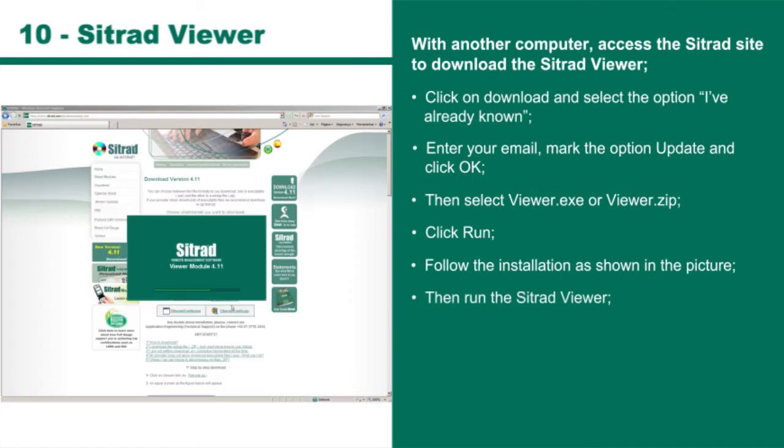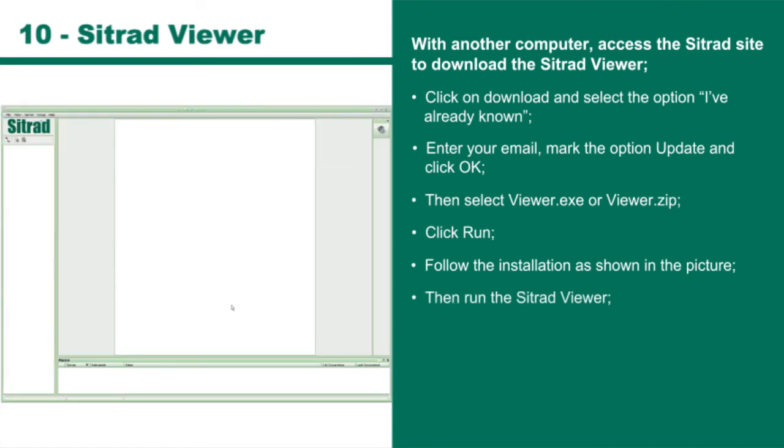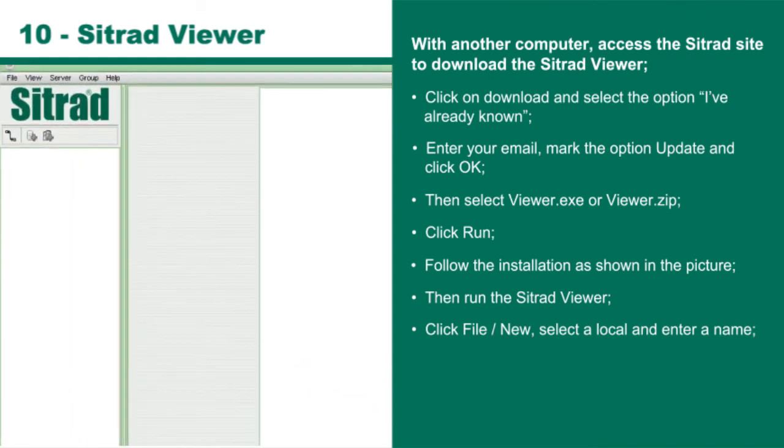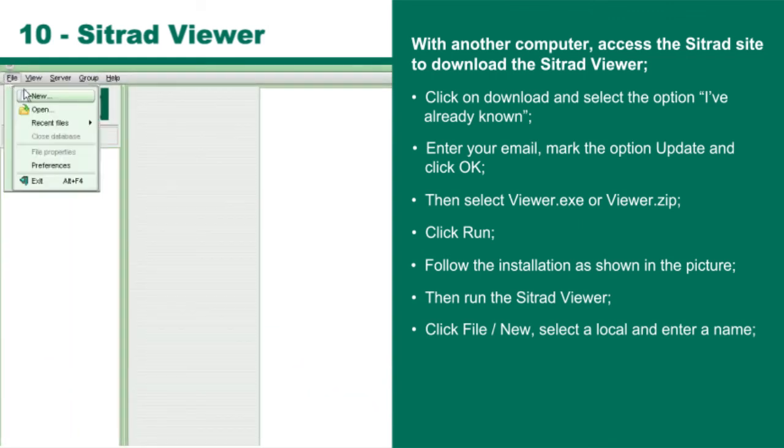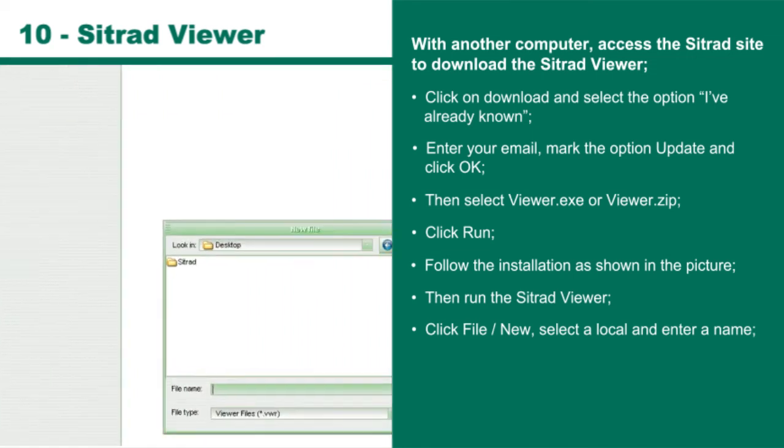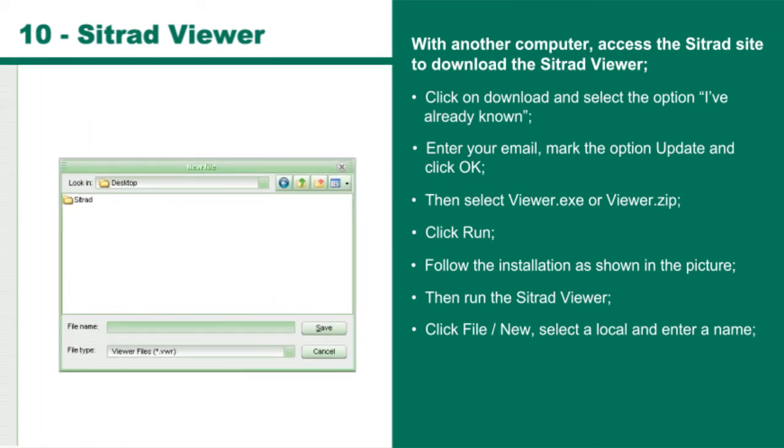Then complete and run the Sitrad Viewer. Click File, New. A window will open to create a data file for Sitrad Viewer, where will be recorded the information of the server, server groups and instrument. Select a local and enter a name, then save it.